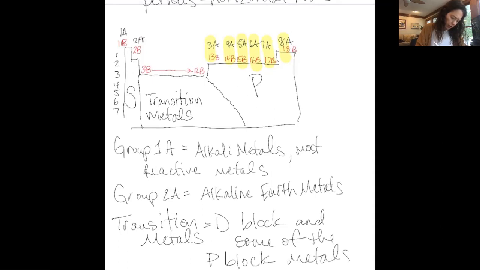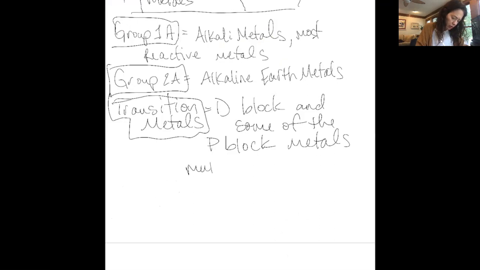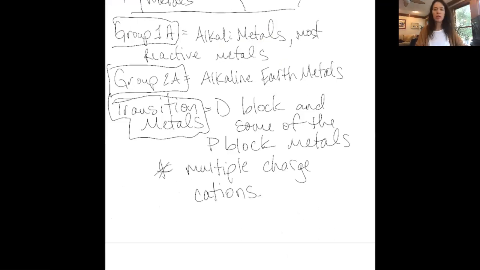Right, and what we're going to learn is our transition metals have something called multiple charge cations, and we'll talk about that later. Okay, but most of those transition metals have something called multiple charge cations, where, remember, a cation is a positive ion and it's formed by losing electrons.